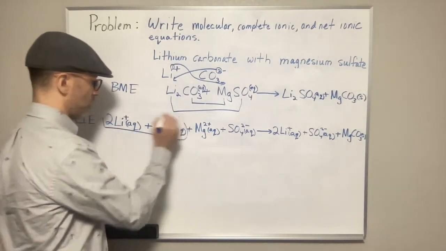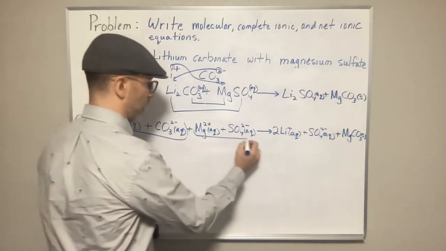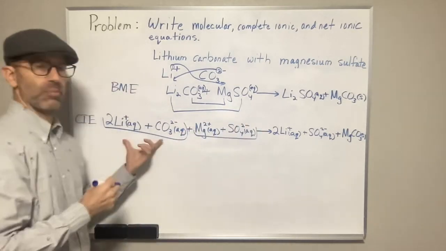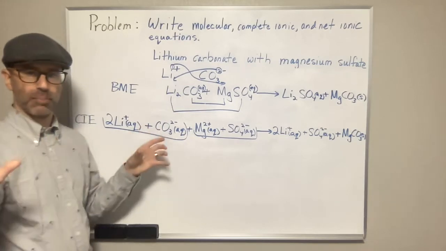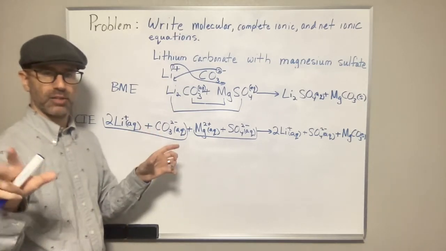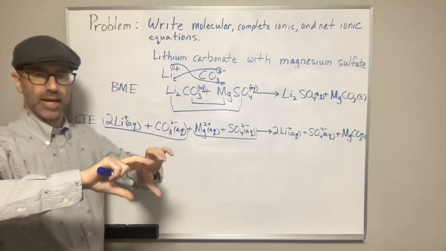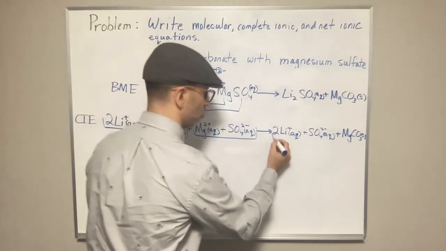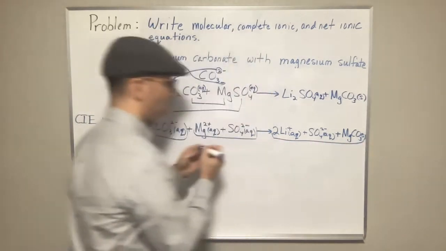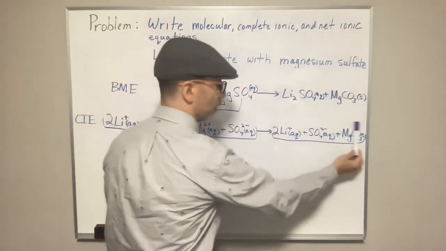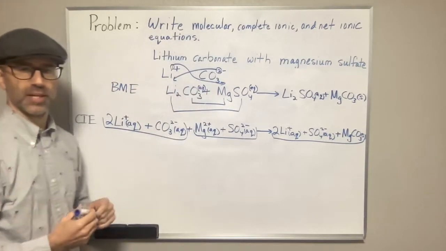This is one beaker and this is another beaker. Before you mix them together, there are separated solutions in 2 different beakers. And then when you put them together into the same beaker, a reaction occurs. You get a solid forming, and that's your precipitate.